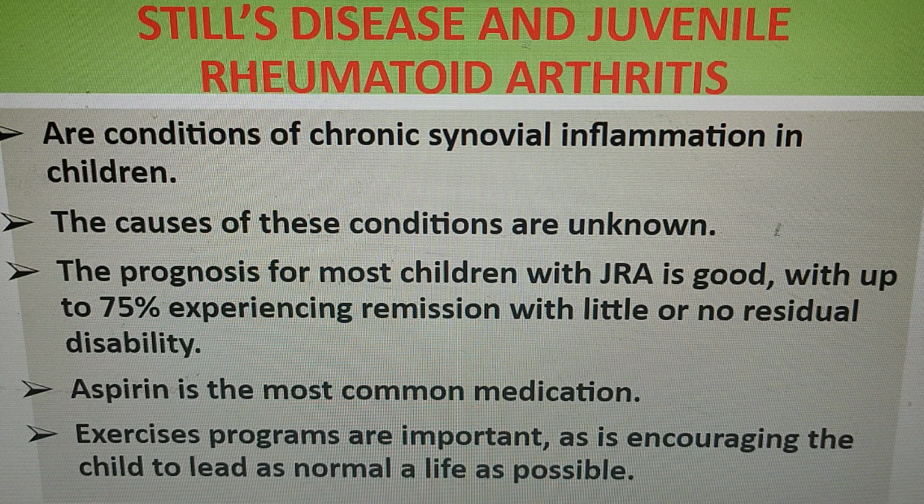The prognosis for most children with JRA is good, with up to 75% experiencing remission with little or no residual disability. That's good. Aspirin is the most common medication. Exercise programs are important, as is encouraging the child to lead as normal a life as possible.